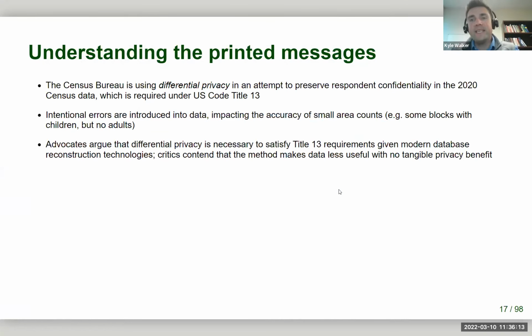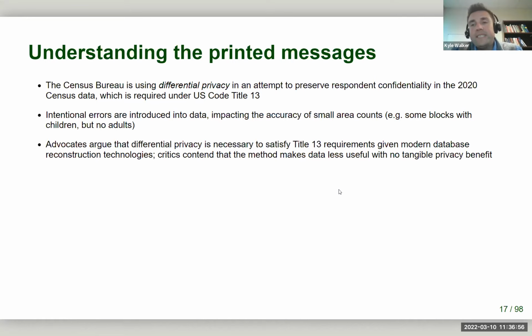Differential privacy is something as a user of the 2020 census that you need to know about. We've used different methods in the past to preserve respondent confidentiality. Differential privacy is a method that's being used in 2020 to satisfy US Code Title 13 requirements, which in a nutshell is covering the mandate of the Census Bureau to preserve the absolute confidentiality of responses to the US Census.